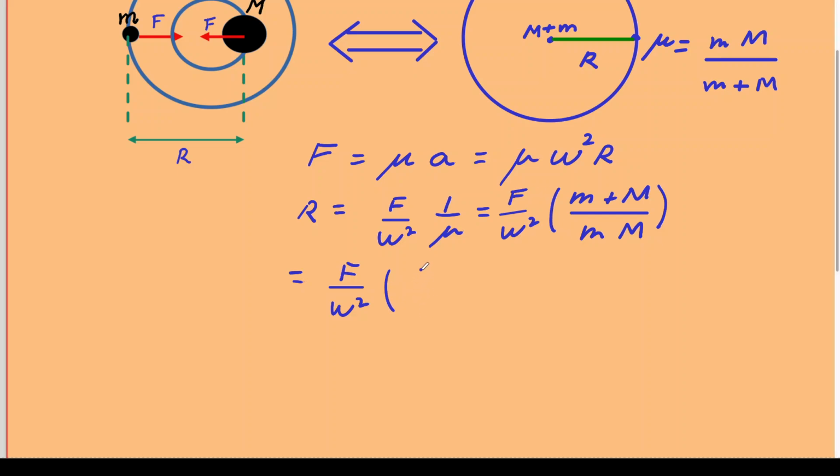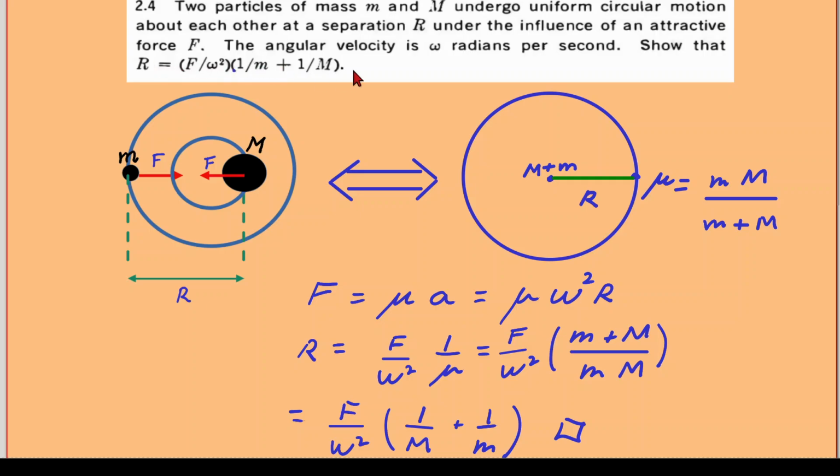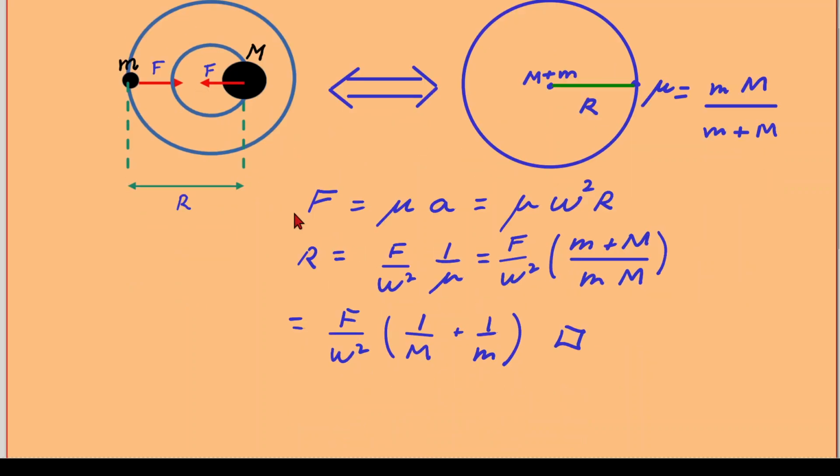Let me see here, 1 over capital M plus 1 over m. And we are done. So that is exactly that result. So that's how you should solve problems. The two-body problem should always be replaced with the one-body problem, just using the reduced mass.